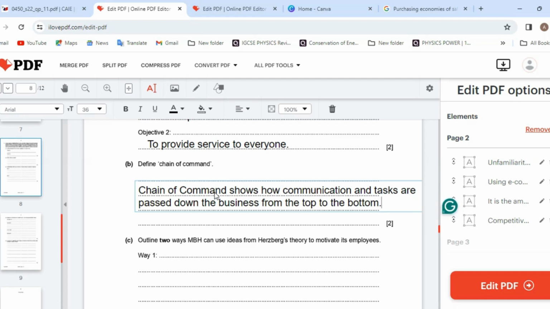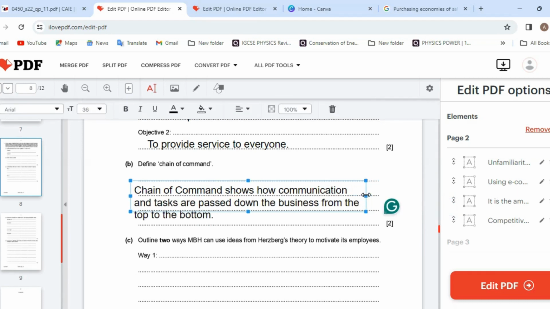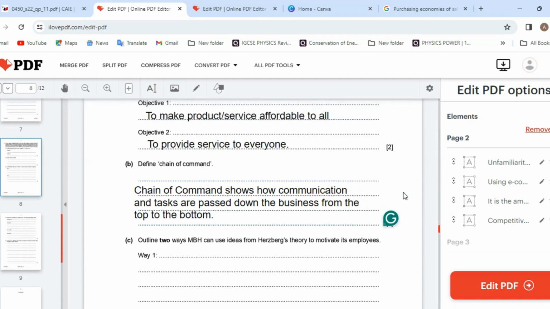Yes, you can leave it like this. You can also say it is the route through which authority is passed down through an organization. We are still saying the same thing. Now that we have defined what chain of command is, let's see the next question, which is question 4C.